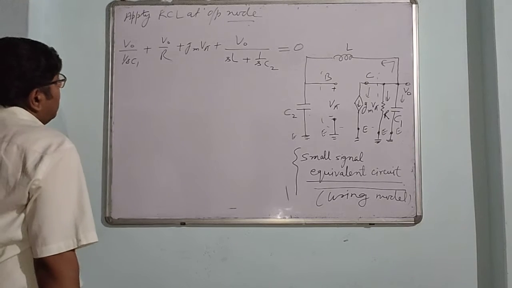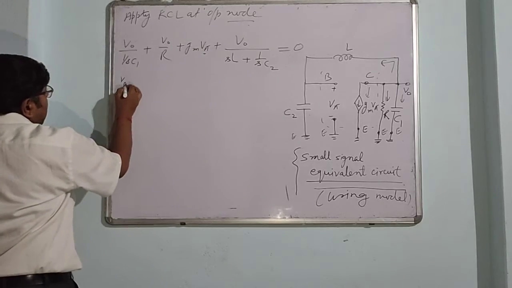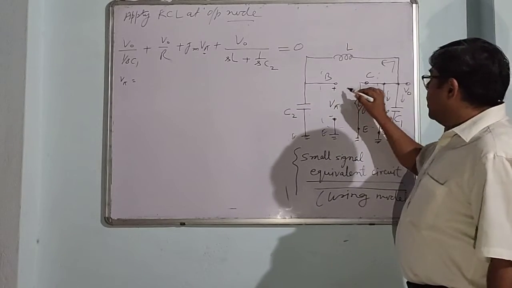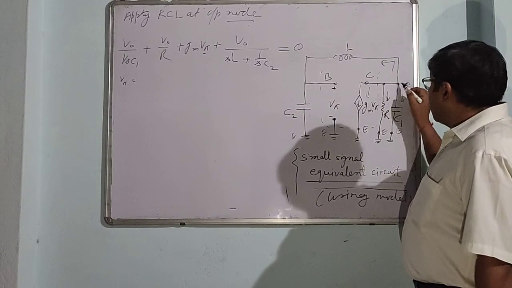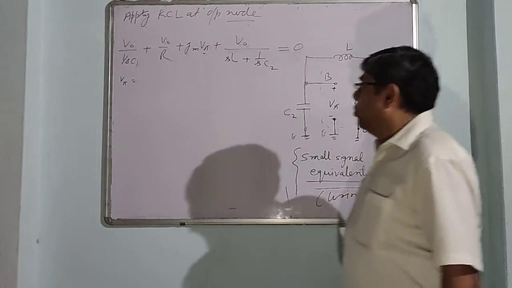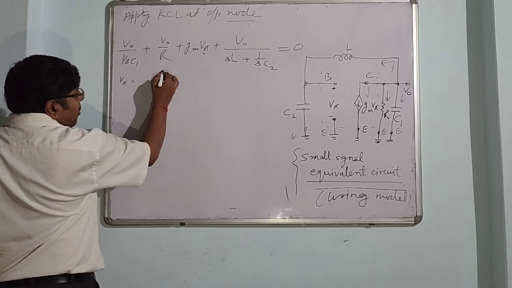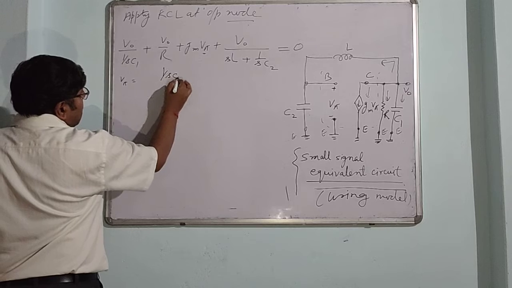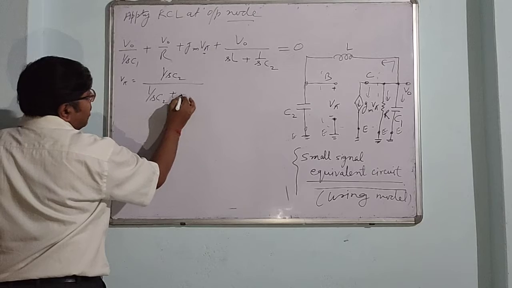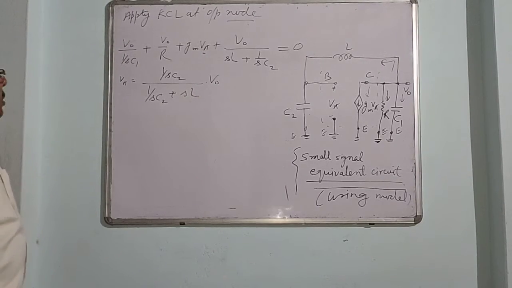So from here, we can replace value of V pi. What is V pi? V pi is the part of voltage of output which is obtained at this capacitor C2. So we can apply potential divider. This is the voltage drop across C2. So 1 upon SC2 in numerator and in denominator 1 upon SC2 plus SL, into V0. So this is V pi.